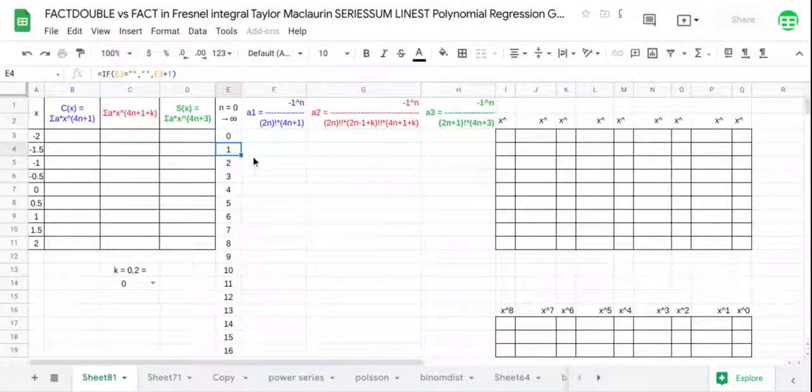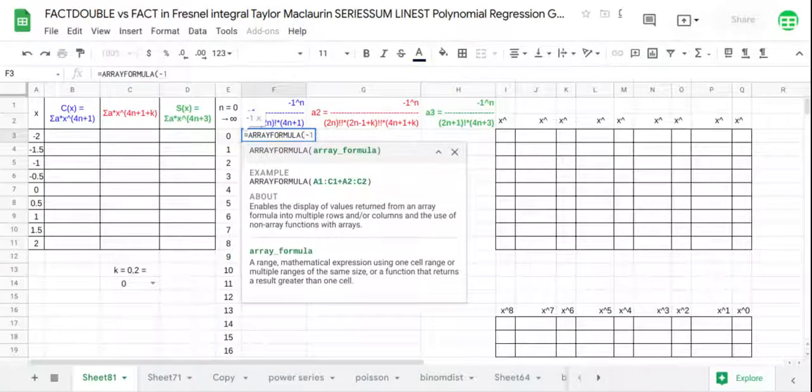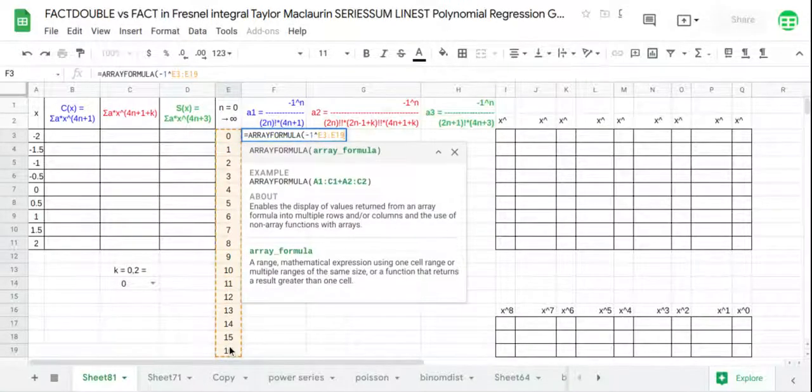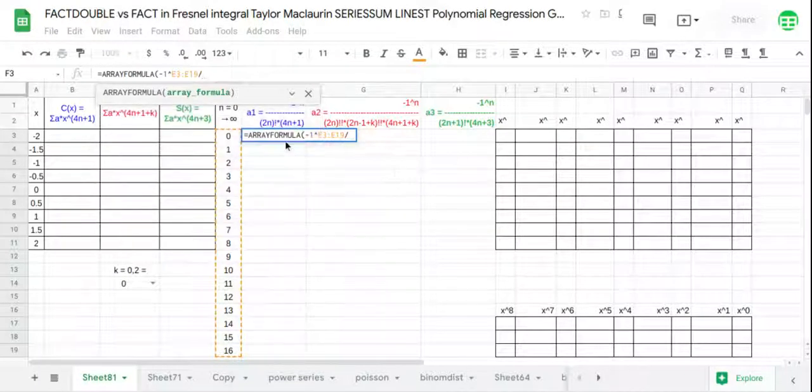16 is good enough. For a1, which is the expansion coefficient of the Fresnel cosine integral, this is our formula, minus 1 raised to the power n, divided by, there are two parts, factorial 2n and the quantity 4n plus 1.